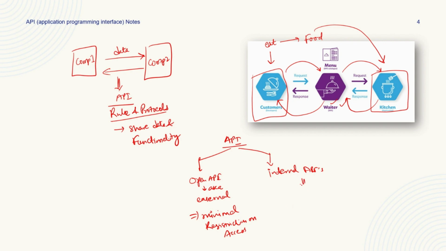In contrast to that, the internal API is basically hidden from the general public and from external users. It is intended for internal use only.